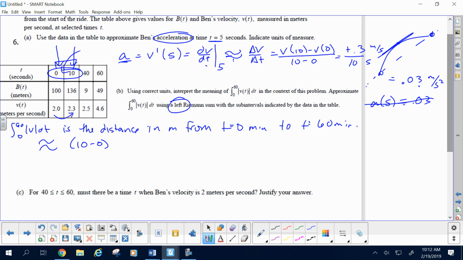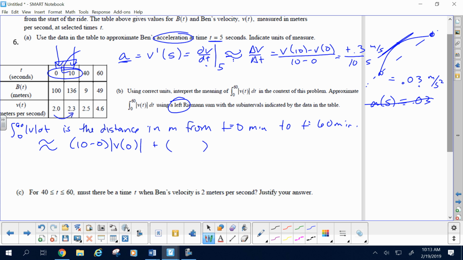And do I use B or V? Good question. Neither. You use the absolute value of V at 0. Okay? That's my first rectangle. A base of 10 seconds times the height at the left endpoint V at 0.